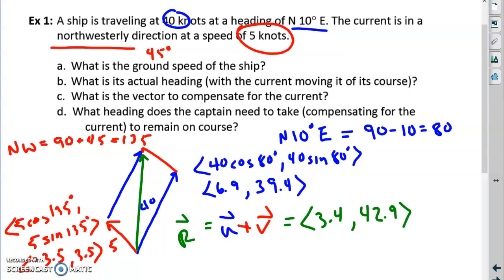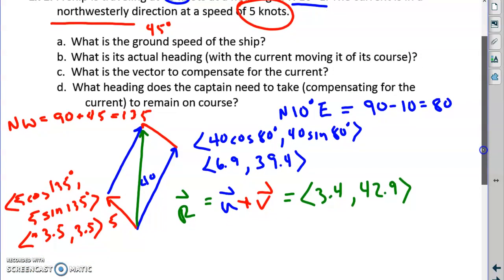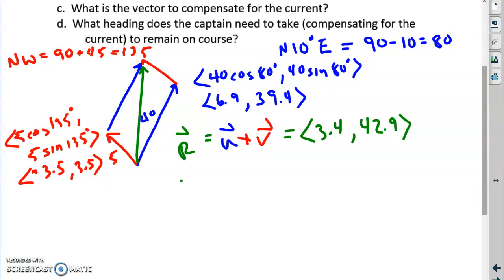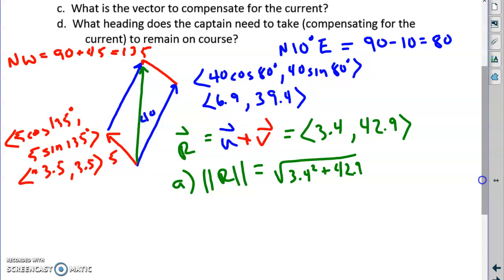So we've got resultant in component form. We now got to find the ground speed. That's A. Magnitude of R, square root of 3.4 squared plus 42.9 squared, equals 43 nautical miles per hour, knots.